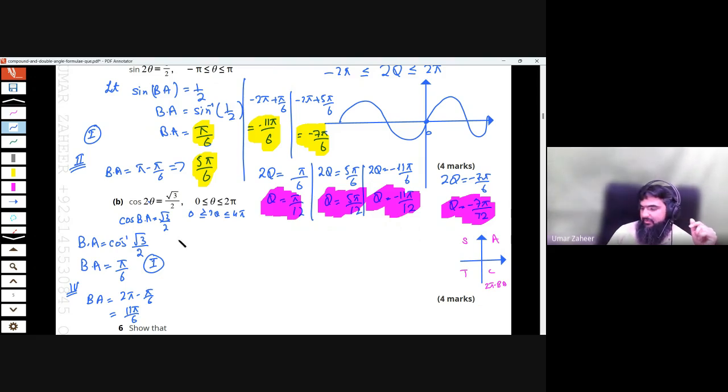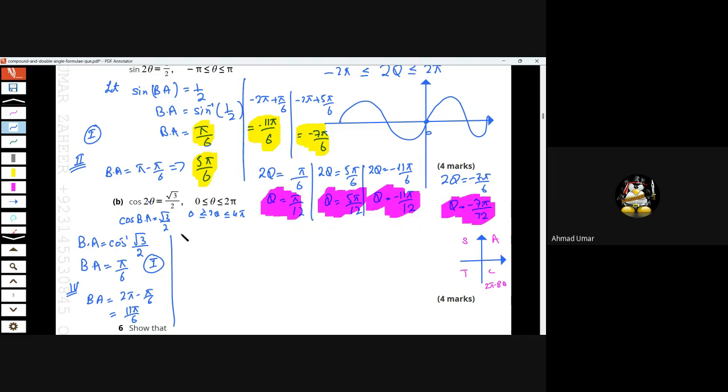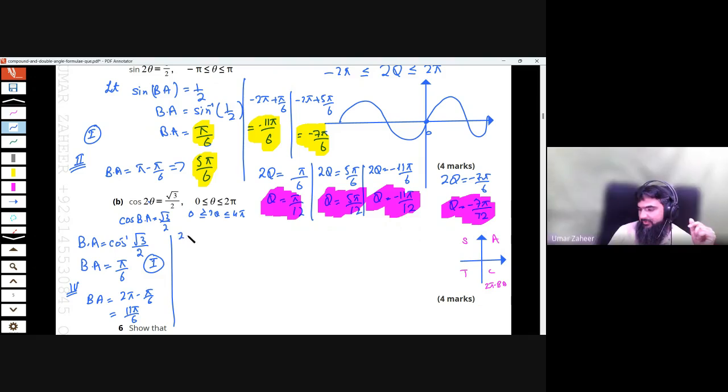So for the next cycle, what do I have to do? Between 2 pi and 4 pi, if I need to find the values, I'm just going to add 2 pi. So 2 pi plus pi over 6 will be 13 pi over 6.